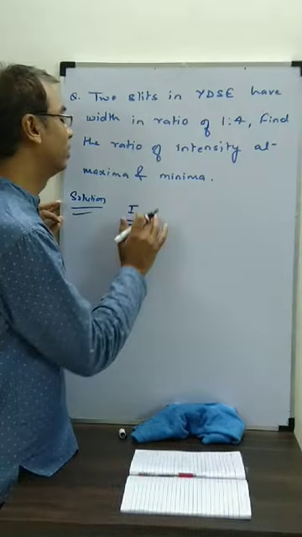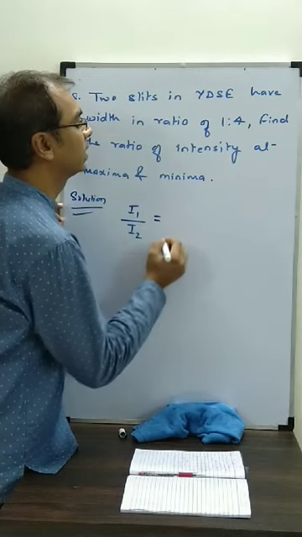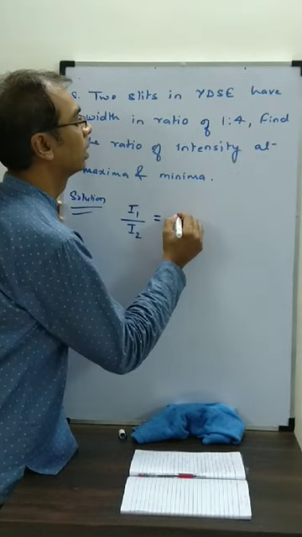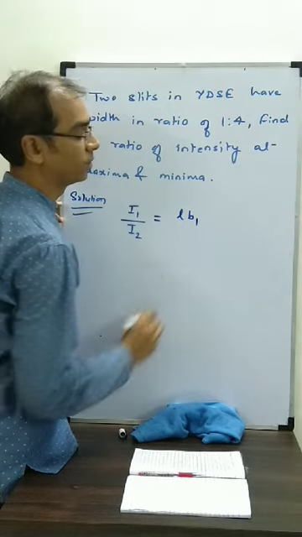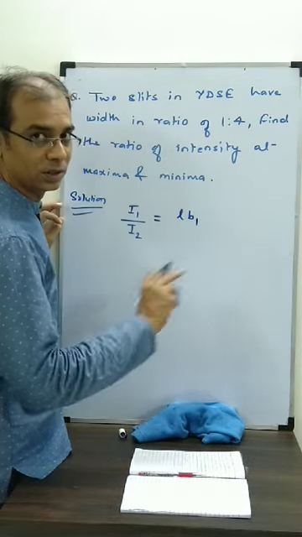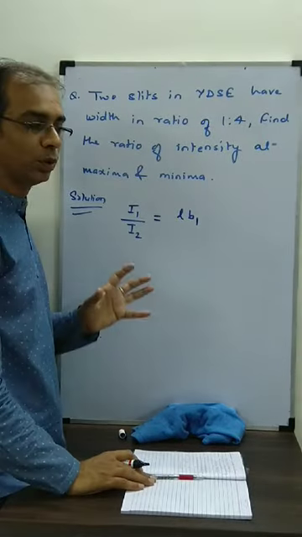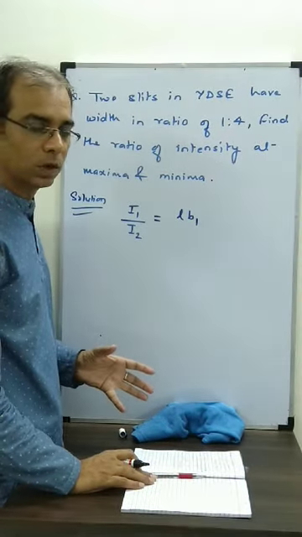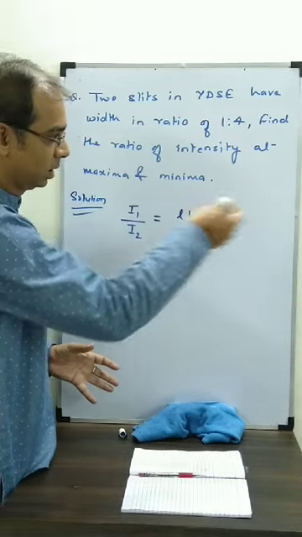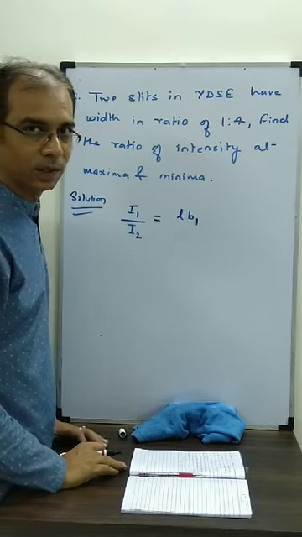So I1 by I2 I can write as L, the length of the slit, into width of the slit. That means I am considering this as a rectangle. If you remember, the slits are made by taking a cardboard and cutting it like this with a razor.